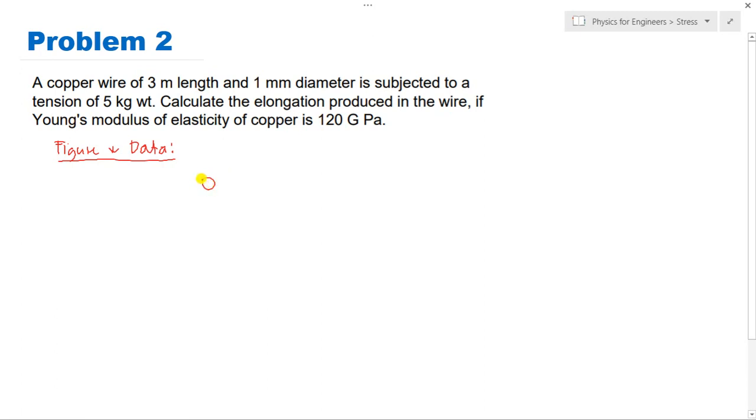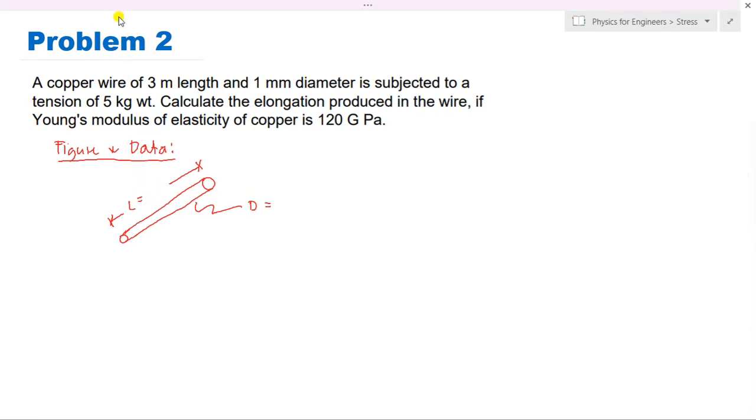So ato lang i-exagge nga ang copper wire kay cylindrical since naay diameter. So si copper wire, iyang length, original length is, okay, nabali ko, ang length ani is 3 meters.